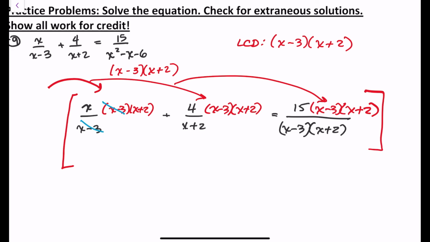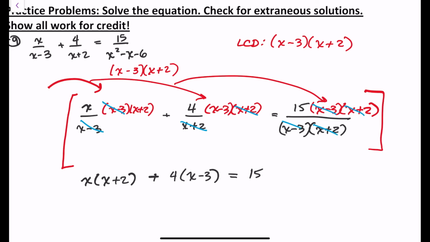So what will cancel out here? x minus 3. So I'm left with x times x plus 2. And then the next term, I'm going to cancel out my x plus 2's, so I get 4 times x minus 3. And on this one, both of those common factors will cancel out, so I'm left with 15.